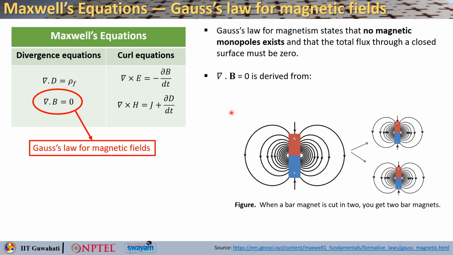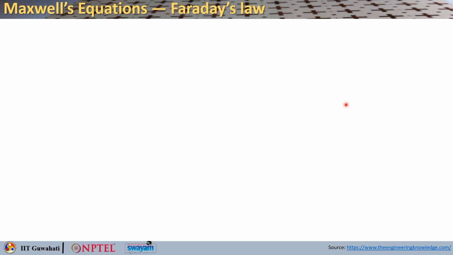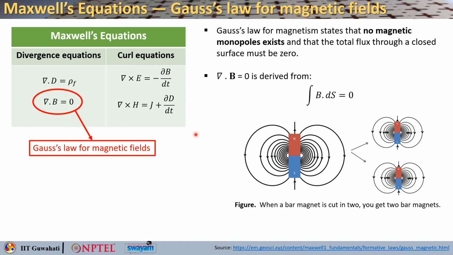So how do you derive this del dot B equals 0? It is basically coming from this particular integral form. You can integrate the magnetic flux over the closed surface, and that will come out to be 0. If you think of any surface like this, from the north pole the lines are exiting, and for the south pole that many lines are entering.